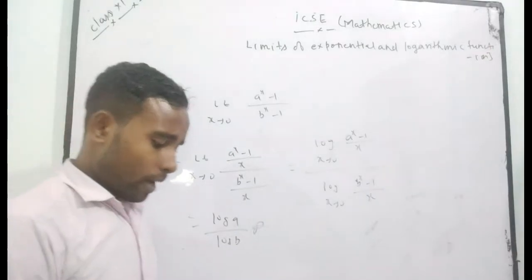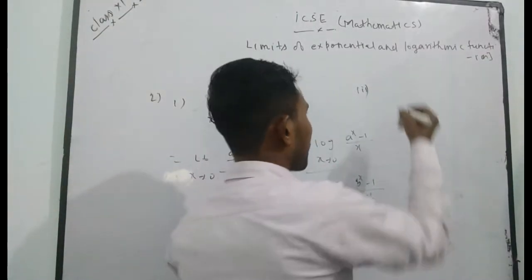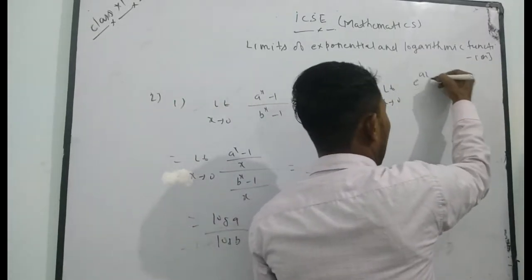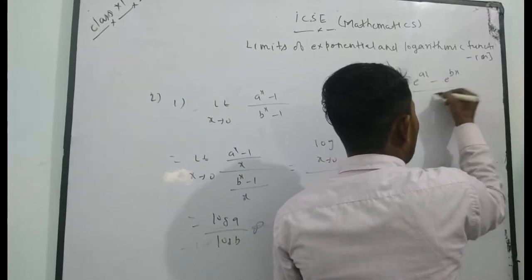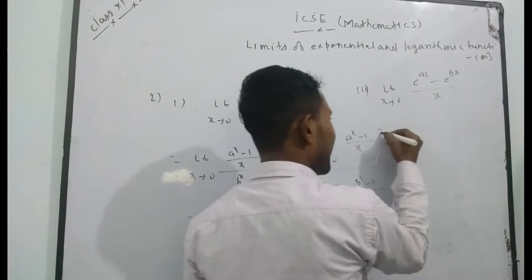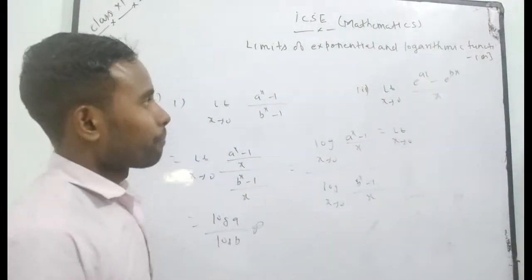Now I want to take another problem. Limit x tends to 0 of (e to the power ax minus e to the power bx) by x. Now you have to find the value of this limit. How can you solve it? It is also very easy, but you have to use your mind.